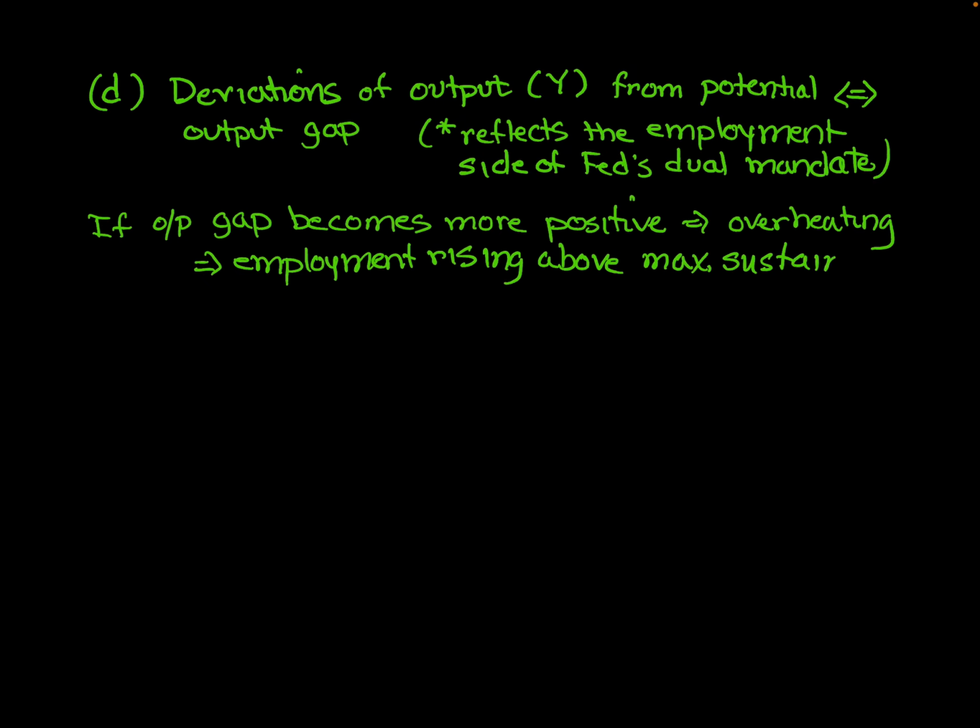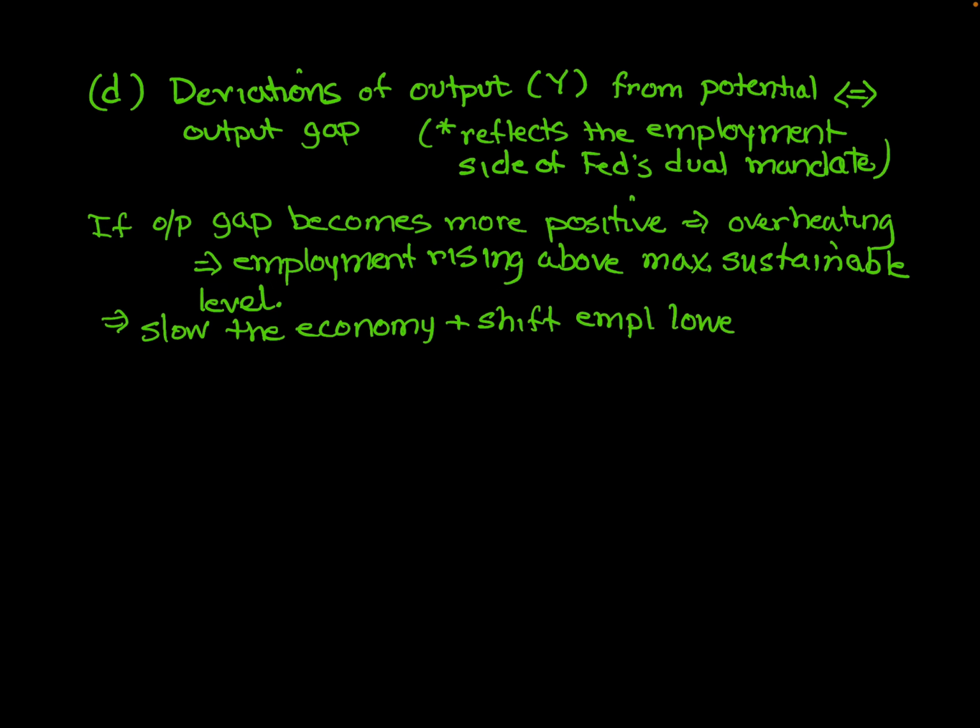So in other words, above the level that we think of as being consistent with full employment. And again, to slow the economy and to shift employment lower, the response should be to raise the interest rate. So the coefficient on the output gap is positive. So slow the economy and shift employment lower. We do this via higher interest rates.